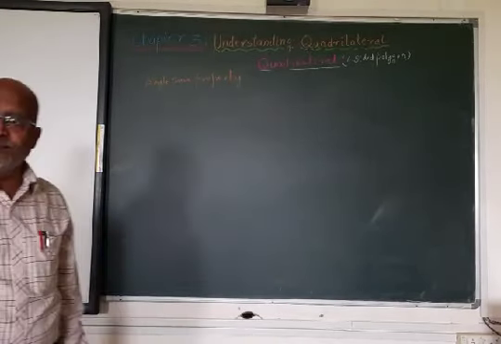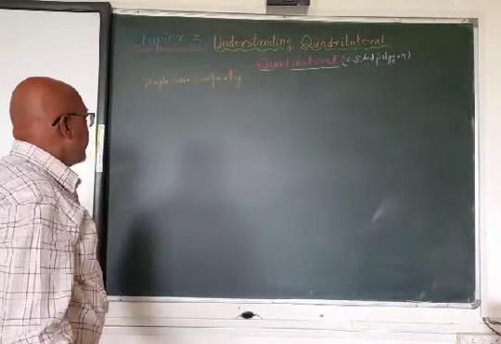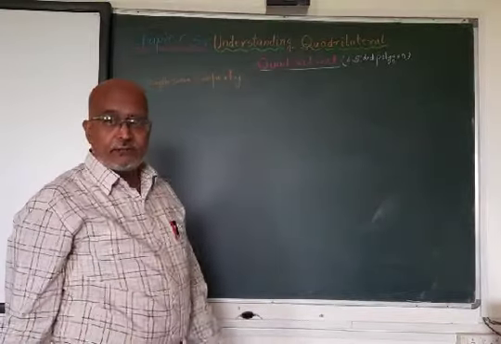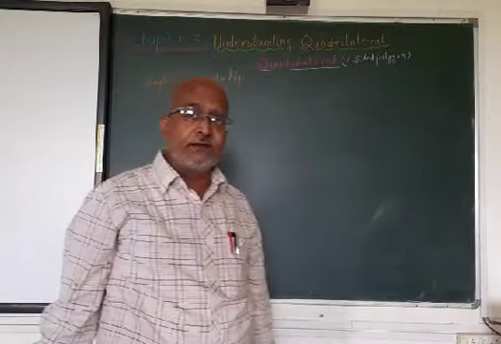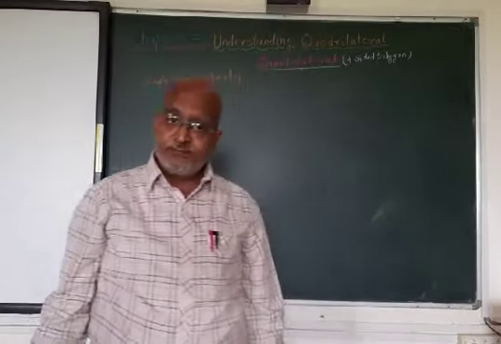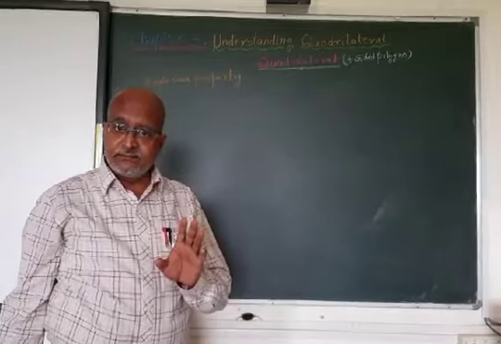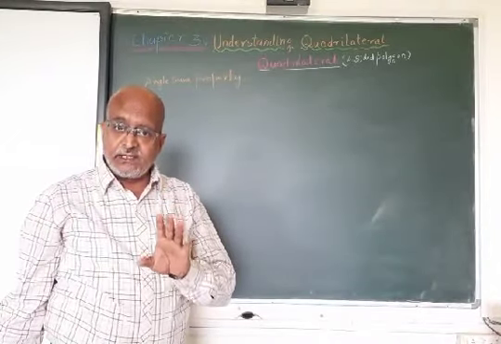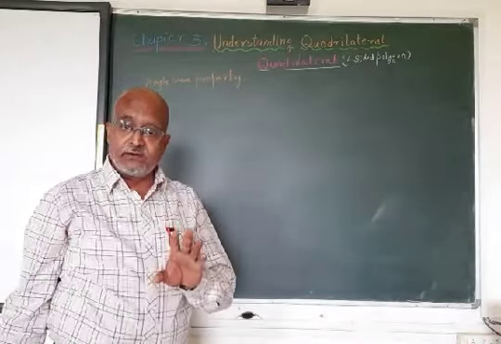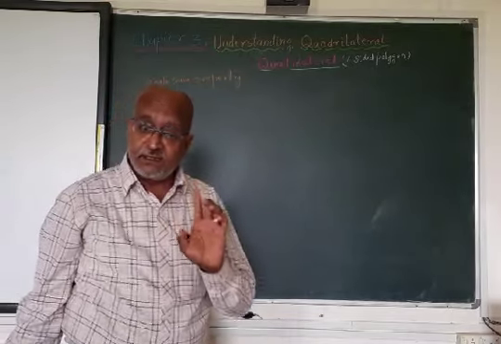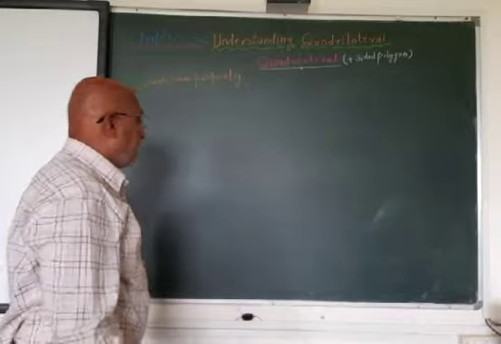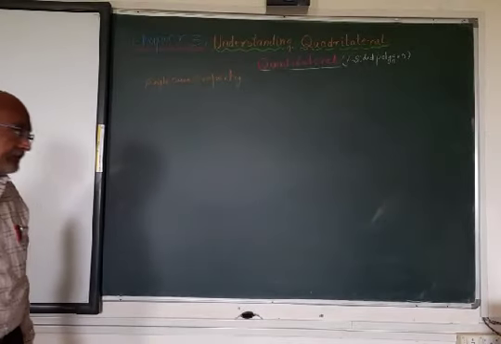Angle sum property. Now the angle sum property, what it means, you know about the triangle. What is the angle sum property of triangle? All the interior angles of the triangle add to 180 degrees. You know that. And what about the exterior angles?